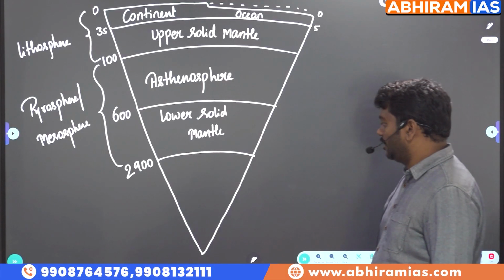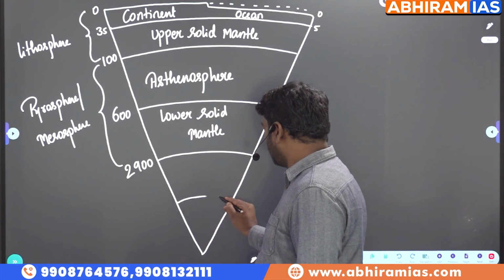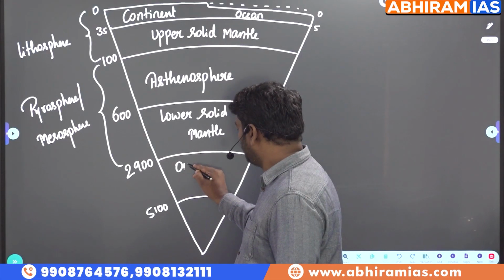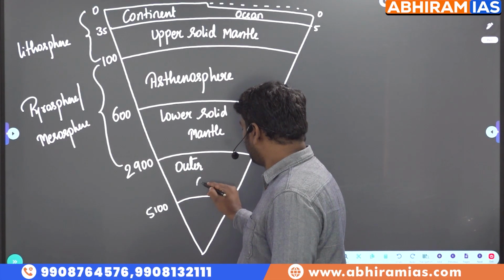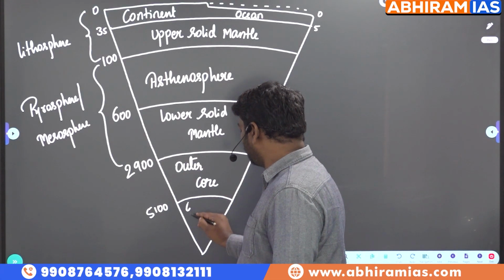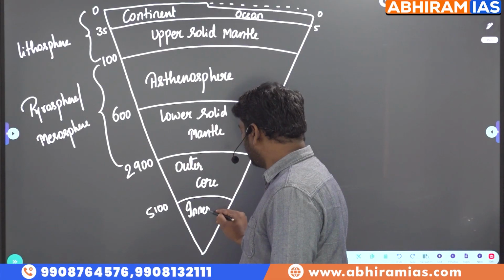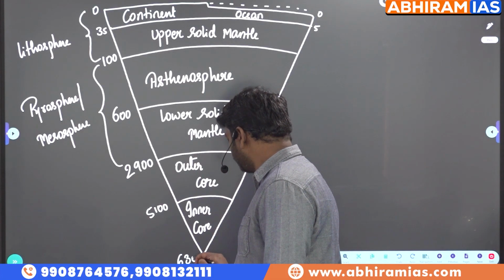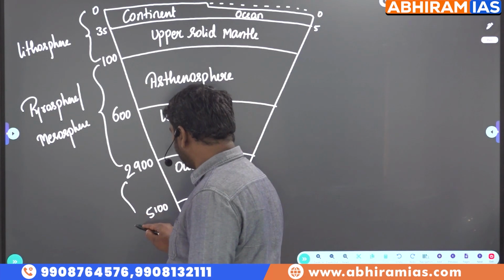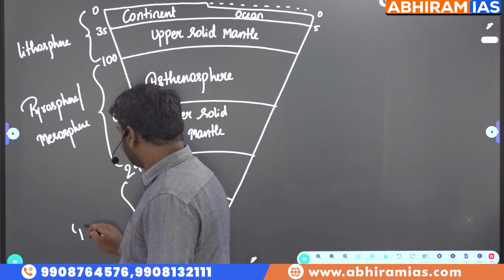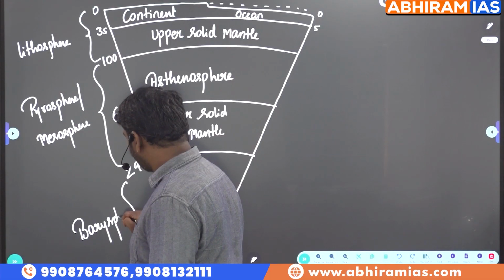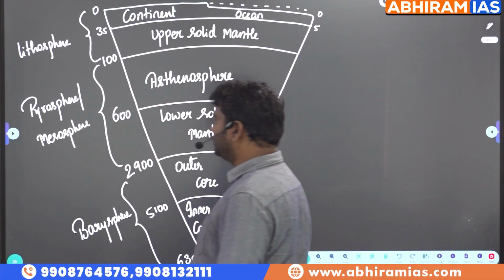Okay, till 5100, outer core, inner core. Barysphere.